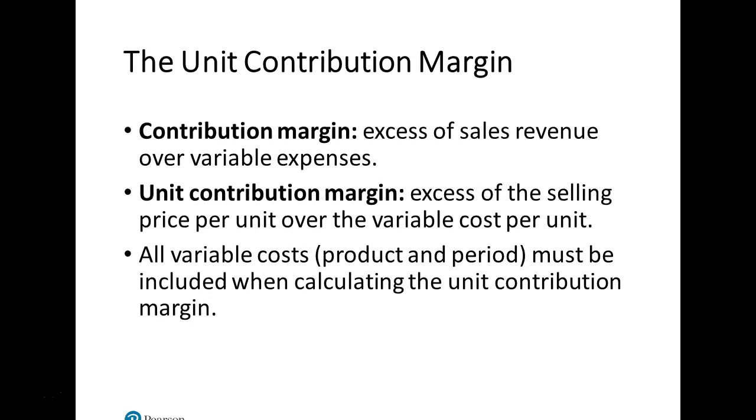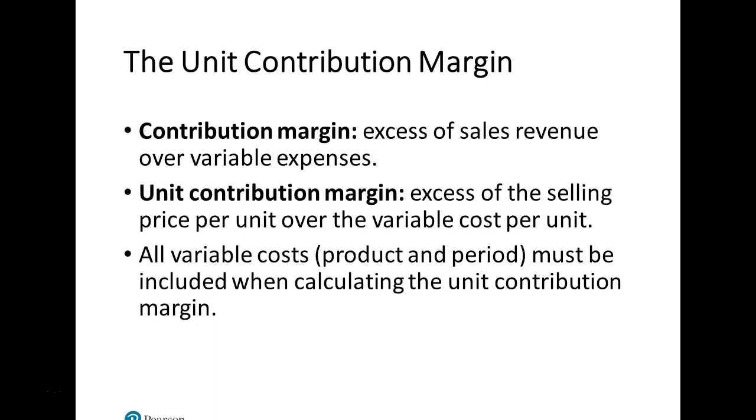So, as we know, contribution margin is the sales minus the variable cost, and that's the difference. It's similar in many ways to financial accounting, where your gross sales minus your cost of goods sold gives you your gross profit. But we're on the managerial side, so we don't necessarily need cost of goods sold; we care more about our variable costs.